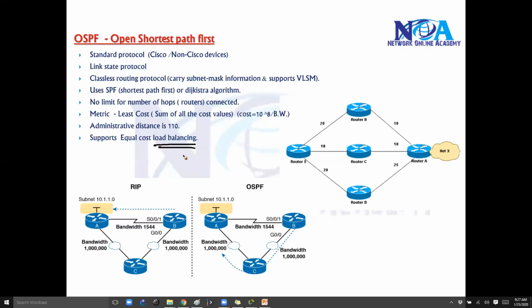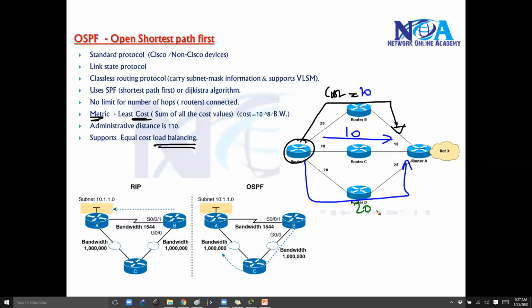Of course, OSPF also supports load balancing. Let's say there are 3 routes, and the cost, which is actually the metric, on the first route is 10, on the second route is 10, and on the third route is 20. OSPF will by default decide the best route based on the least cost.